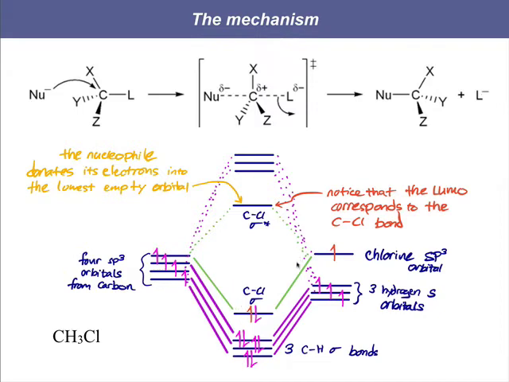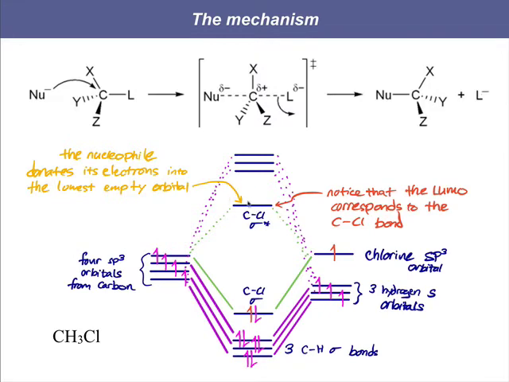So if we look at this molecule, where are the electrons from the nucleophile likely to go? They're going to go into the LUMO, the lowest unoccupied molecular orbital. So in CH3Cl, if the nucleophile donates its electrons into the lowest available orbital, that's going to cause the chlorine-carbon bond to break.